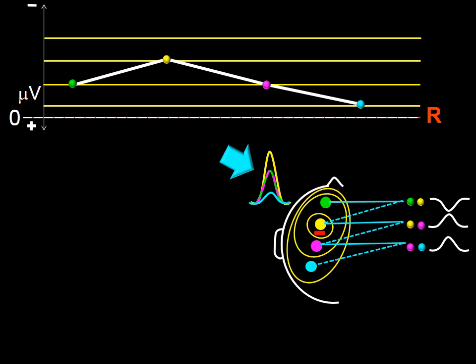The arrow in this frame is pointing to the waves that are color matched with the electrodes. These waves represent how they would appear if recorded from a fictitious neutral point. Notice the high amplitude of the yellow wave, the small amplitude of the aqua wave, and that the green and the magenta waves are at the same level.